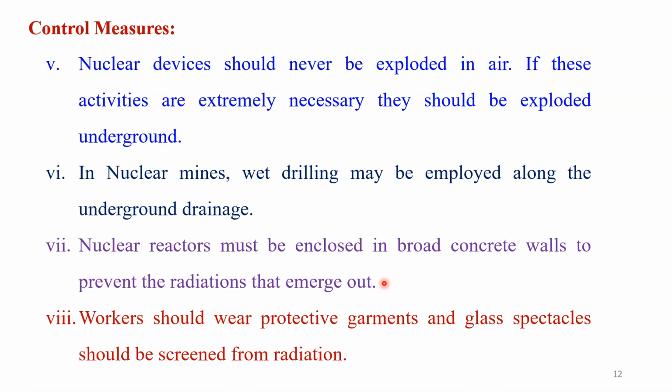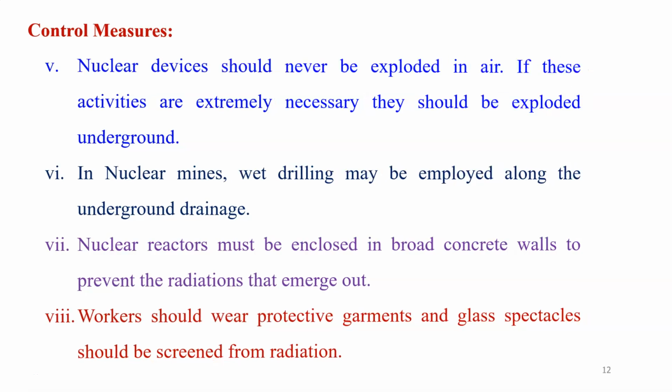Next important, with respect to the workers: workers should wear protective garments and the glass spectacles should be screened from the radiation. That is very important. We have to apply it in an area where the workers work at those particular plants.